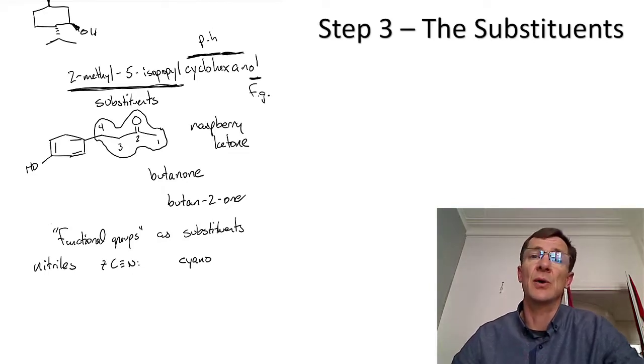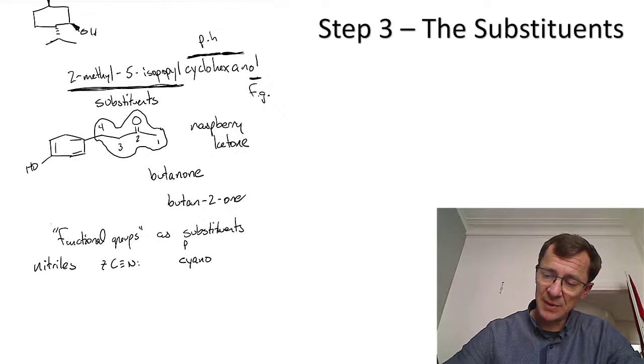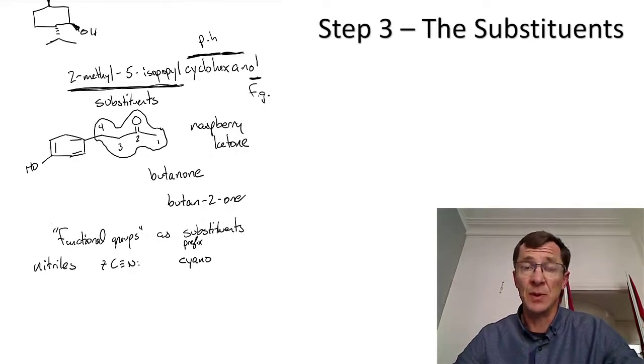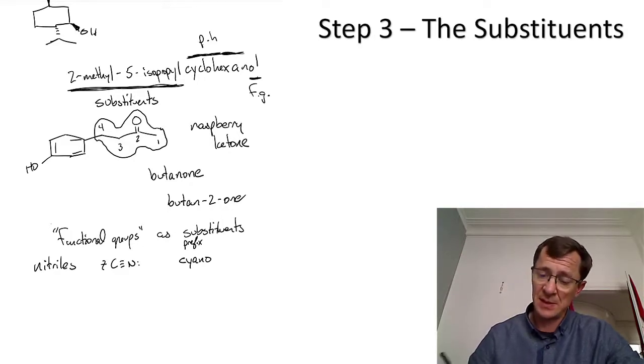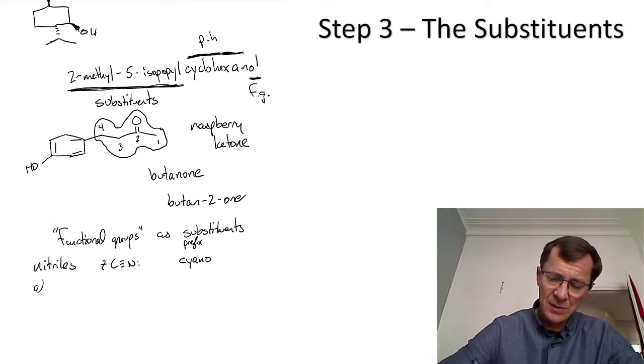So 2-cyanobutane, for example. So that would be a prefix, as opposed to the names we learned before, which are the functional group names, which are suffixes. Aldehydes and ketones.